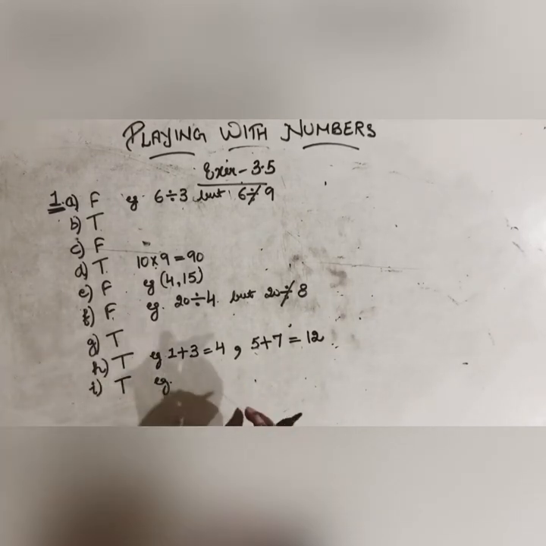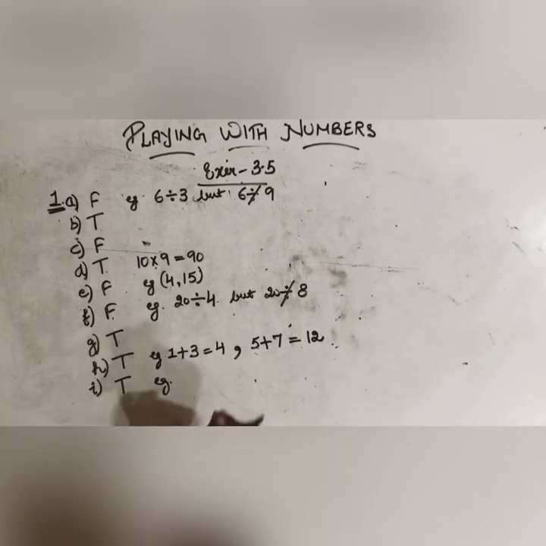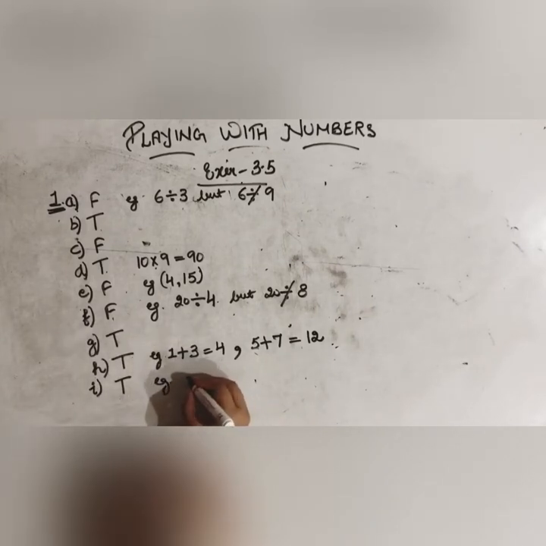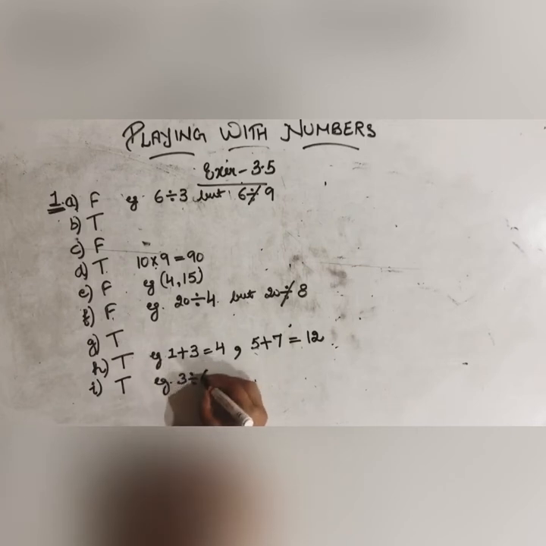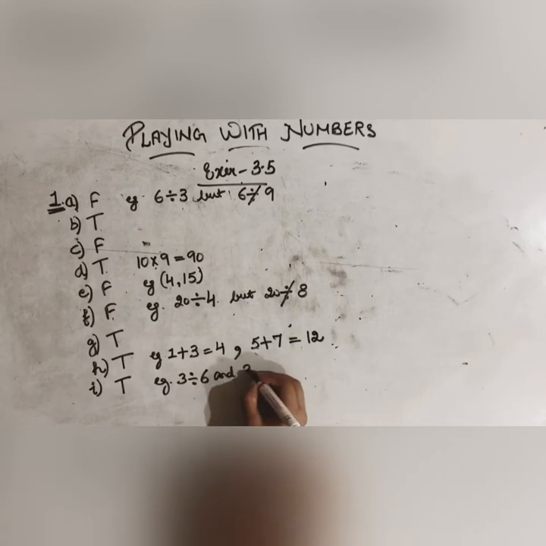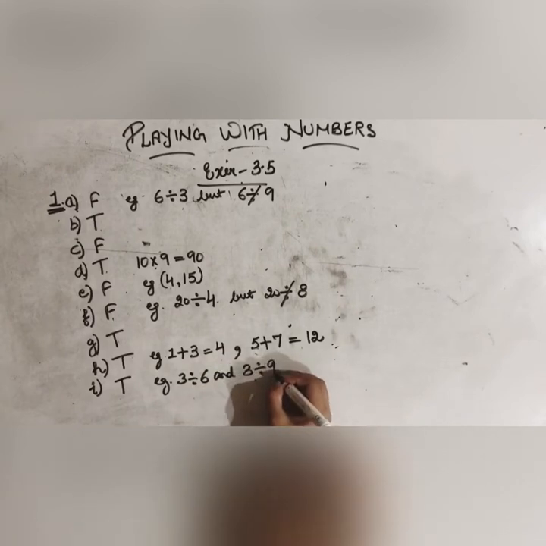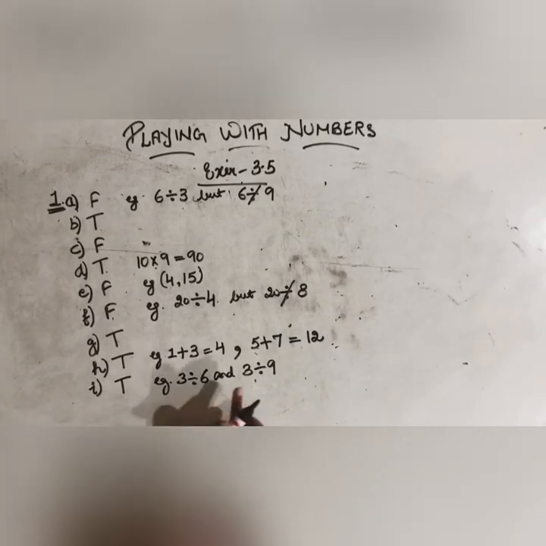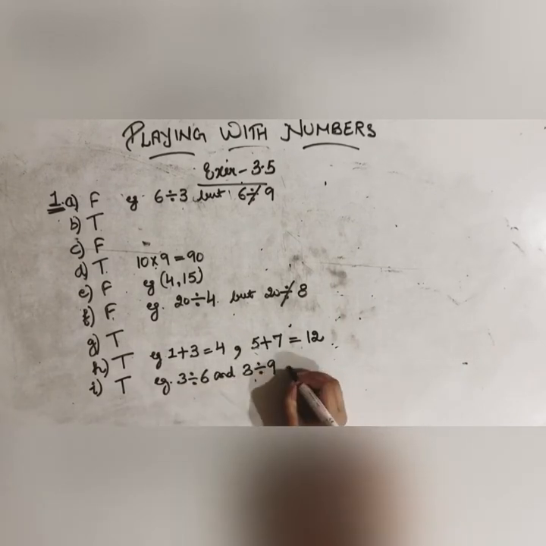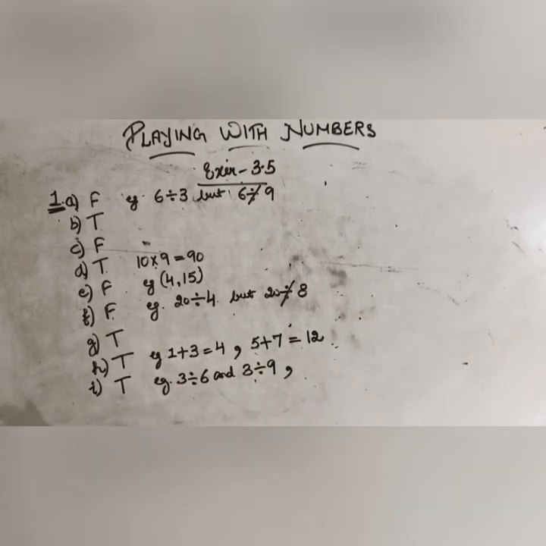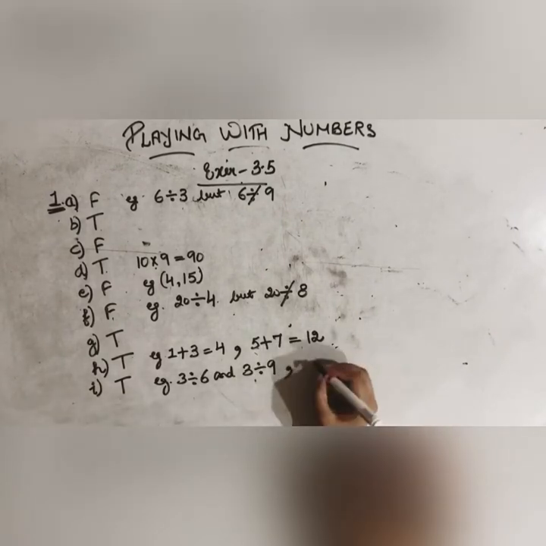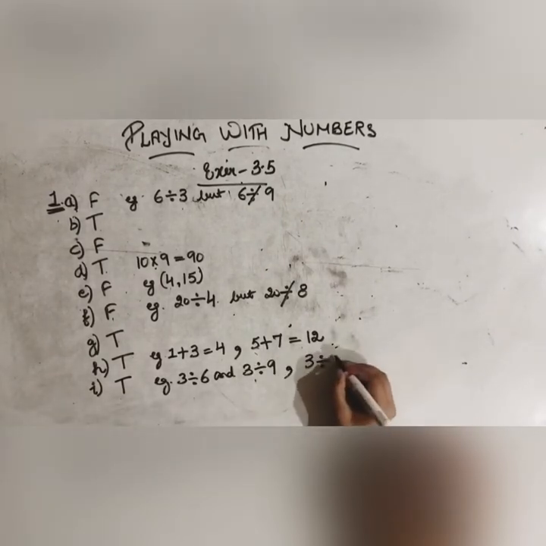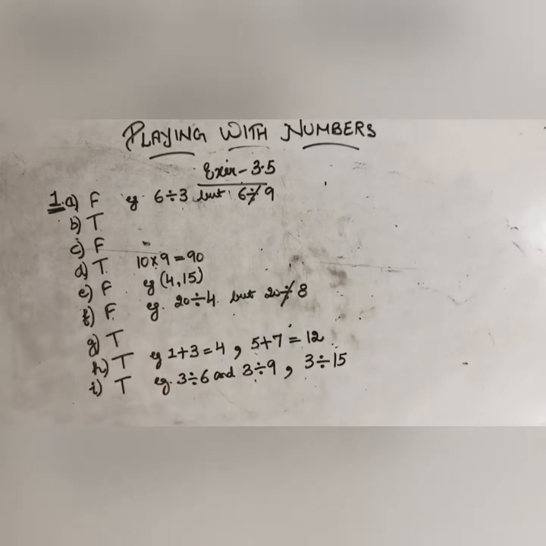I am taking 3 as the number, 3 divides 6 and 3 divides 9. What you have to prove is 3 divides 6 plus 9. 6 plus 9 is 15 and 3 divides 15, hence proved. So answer is true.